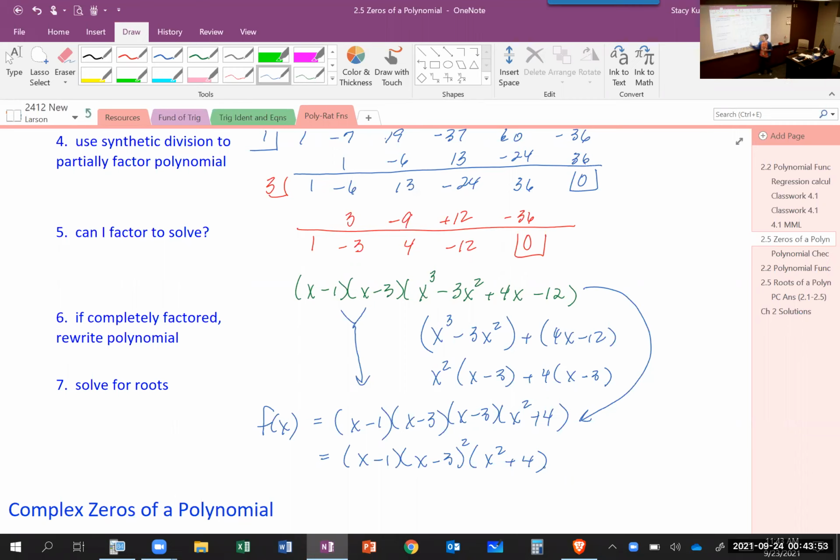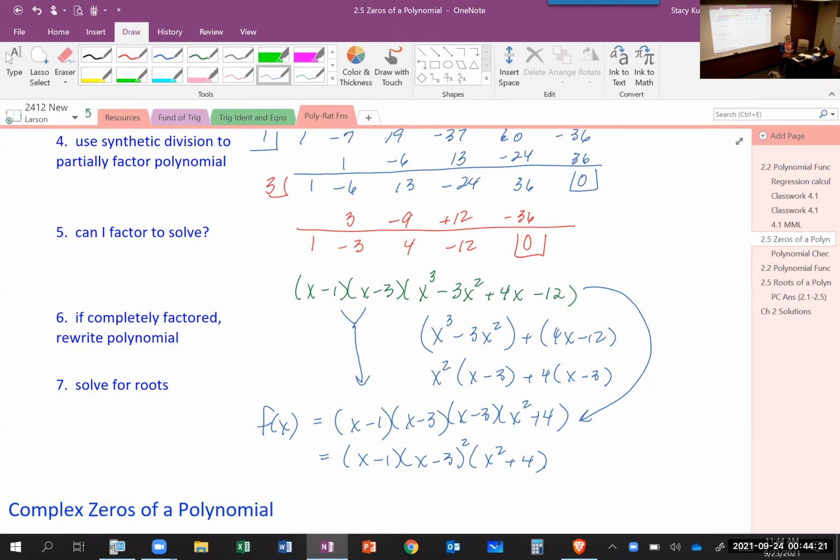Here's the last root that you never would see. This is the last factor over here, x squared plus 4. Can I solve that? If I were to solve it, I would not get a real value, because I would have to subtract 4, and that would be x squared equals -4. So just like Isaiah said, it would be imaginary.